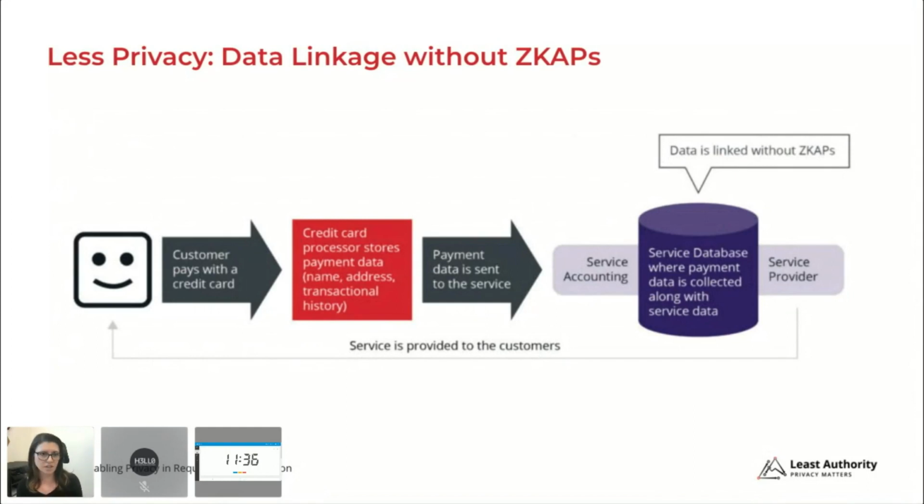But that payment accounting data is able to be linked directly with the service that's actually being provided. And so with that data linked, like I said, you have less privacy there. So you can always know that linkage. And in some services, this isn't desired, like ours.